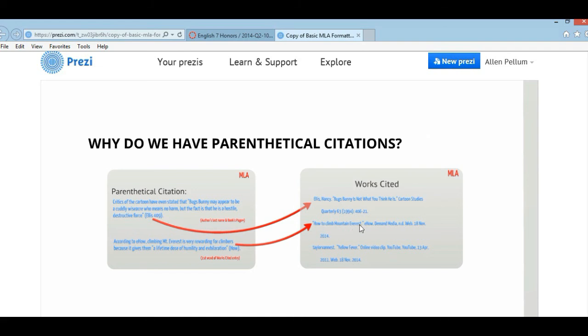So How to Climb Mount Everest would be the title, and how would be the first word here. Notice how is what we're looking for. So we read this, we turn to the works cited page, and we find Ellis, and we know that this is what I need to read, and I need to focus on this page number to find this quote. And here I would just look at the whole article, and that's how we can find the quote and make sure that we have the right quote.